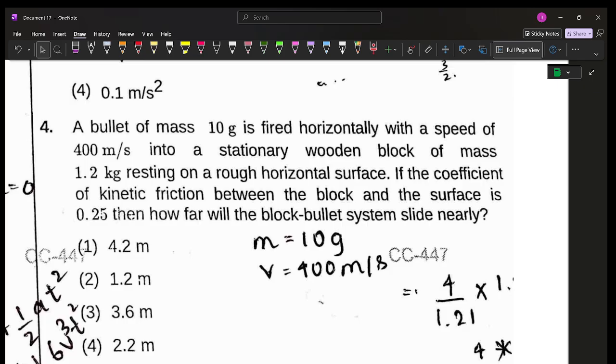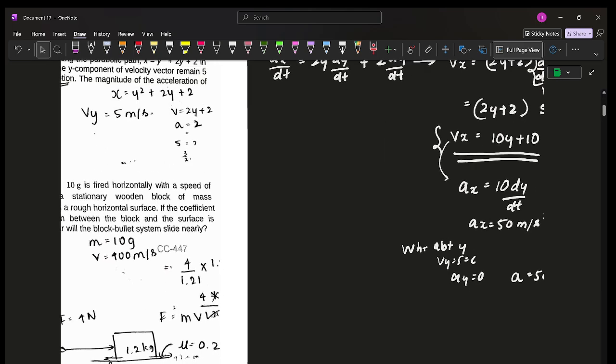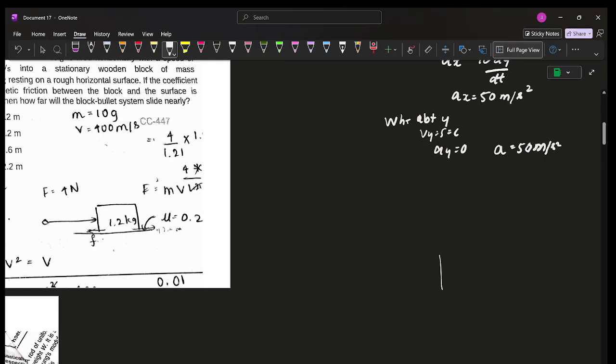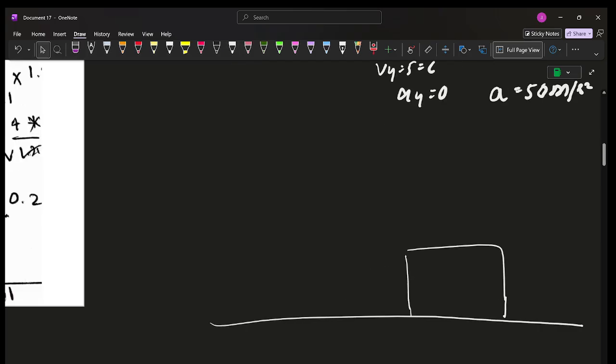Okay, let me just do it. I thought it was gonna be very easy, but I kind of didn't get exactly how to do it, so let me try. I'll just do a similar diagram to what I've done already. So this is basically 1200 grams, 1.2 kg.